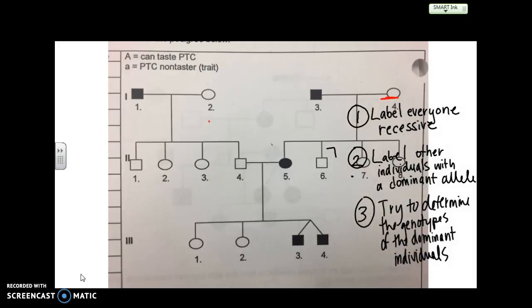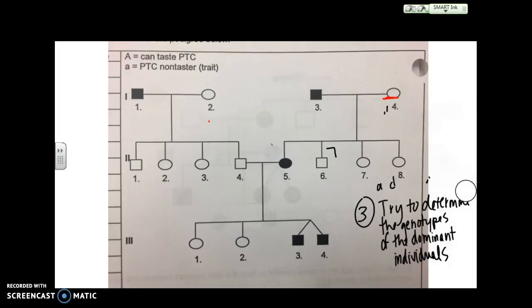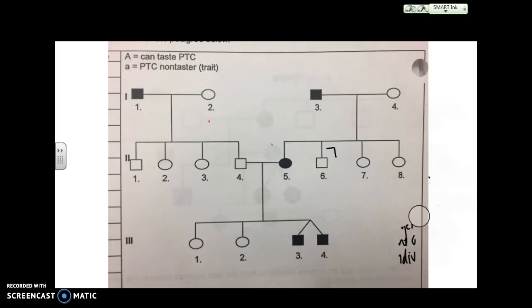All right, so here is the next one, and I'll erase our steps in just a second. But remember that we are going to label who we think is recessive, label all the other individuals with a dominant allele, and then try to determine the genotypes of those dominant individuals. This case actually tells us in the upper left-hand corner that big A can taste PTC and little a cannot, and that's the trait we're following.